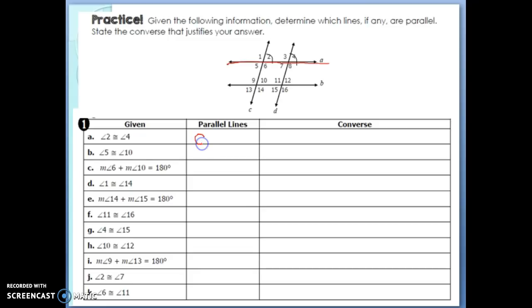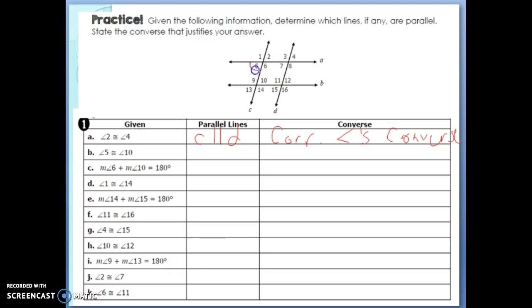So we could say that line C is parallel to line D because they share that transversal A. And we could say this because of the corresponding angles converse. Since it says converse at the top, we don't have to write it necessarily. I am right now, but you don't have to in the future because it says converse at the top. As long as we know, oh, corresponding angles tell us that. Okay. So the next one.